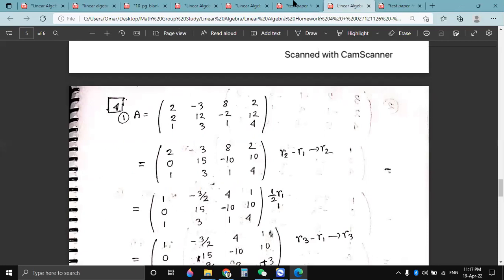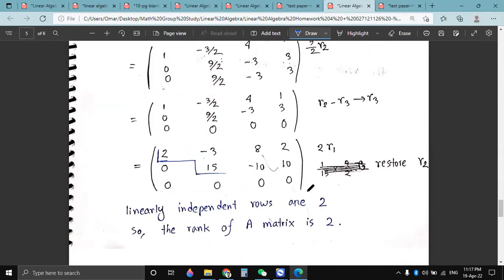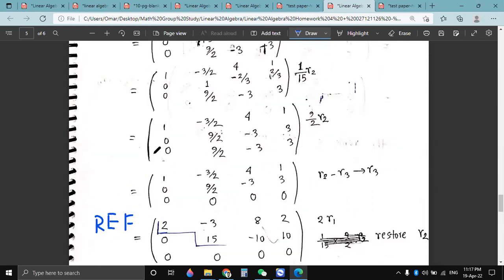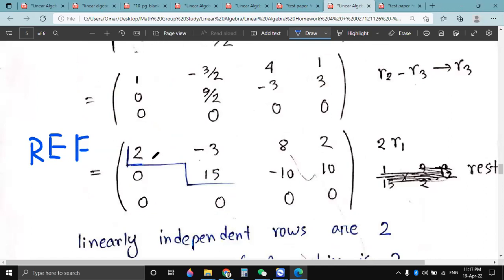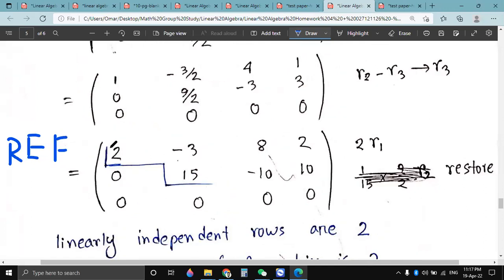So I have written the matrix here, and then I have done row operations, and in the last line I got, I mean, this is not RREF, this is only REF, okay? It is not RREF, it is just REF. So to find the rank, REF is enough, okay? So now we have to look at the first non-zero entries of each column.